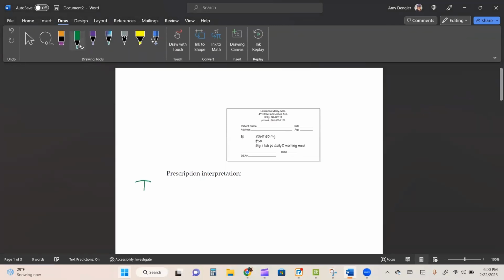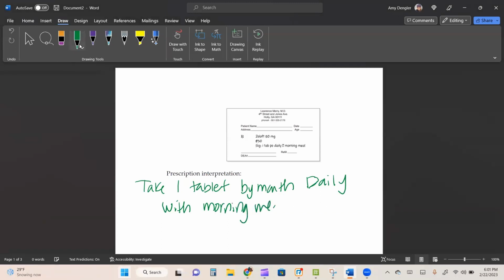So we want to have that verb, so we're gonna say take 1 tablet, so we would never leave tab. PO means by mouth. Daily. With morning meal.